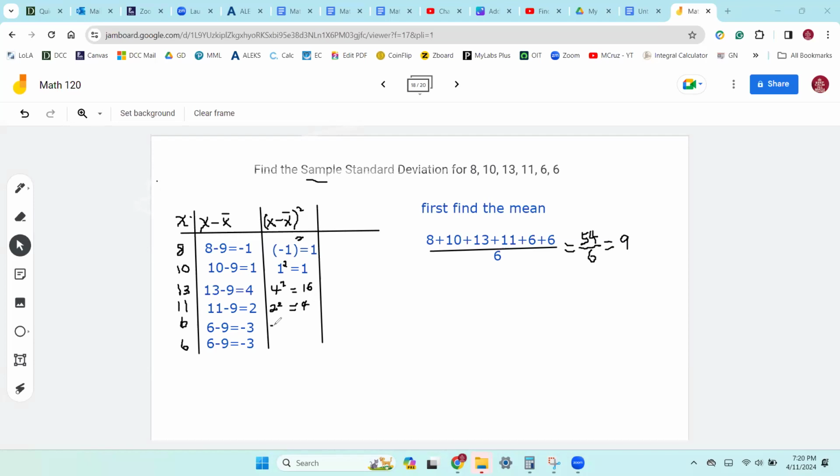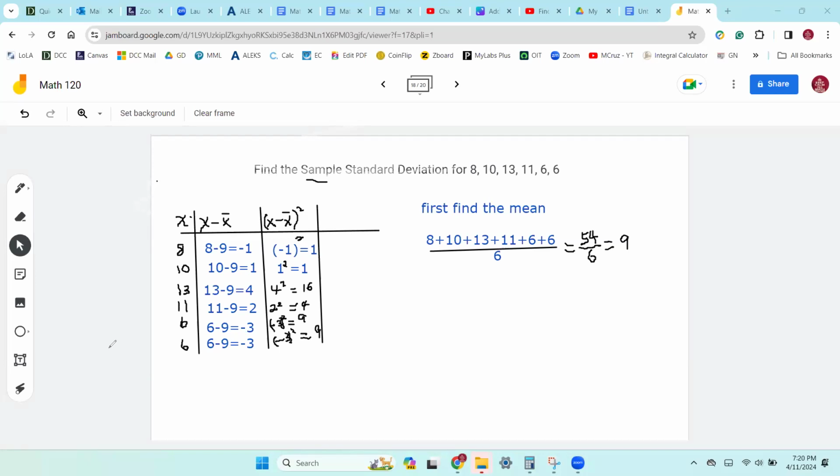So this is negative 3 squared, which is equal to 9. And negative 3 again squared is equal to 9.